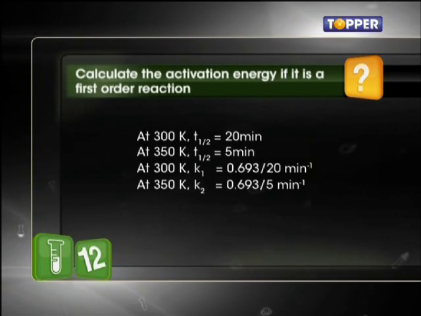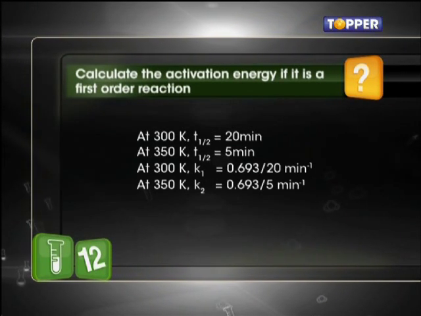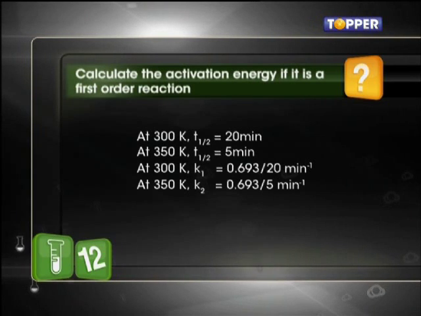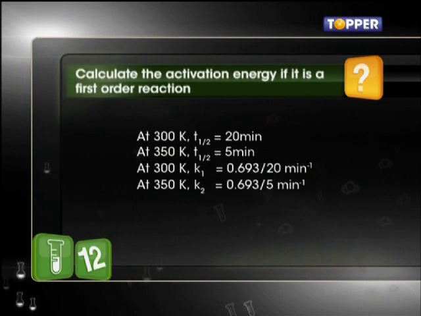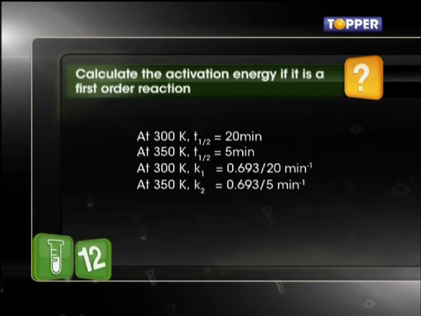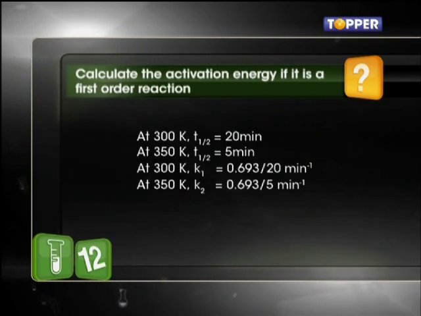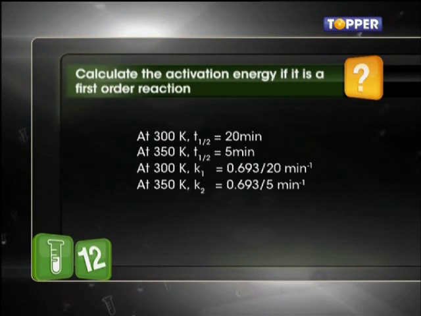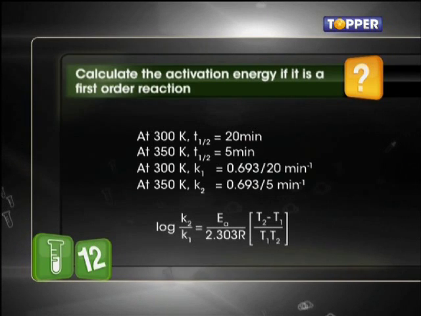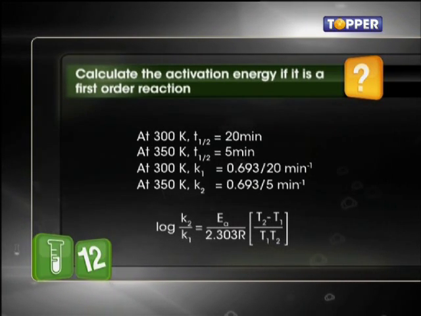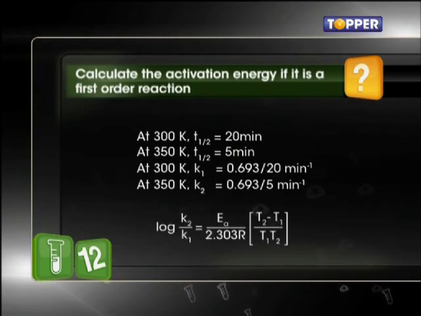So, at 300 Kelvin, rate constant K1 is equal to 0.693 divided by 20, and at 350 Kelvin, rate constant K2 is equal to 0.693 divided by 5.